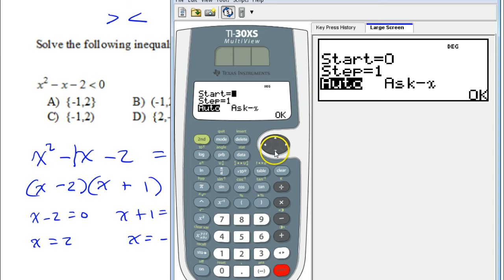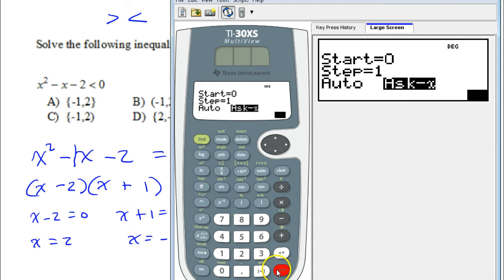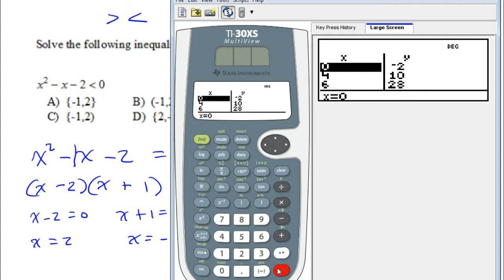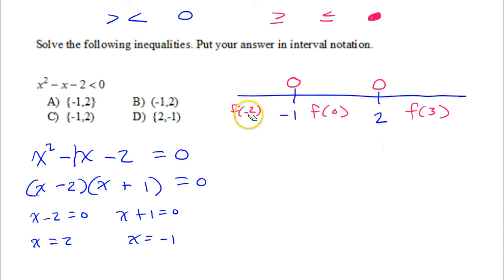For this activity, instead of letting it be in auto mode, I'm going to leave the calculator in ask mode. That way I can tell it exactly what I want. So my test values are at negative 2, 0, and 3.